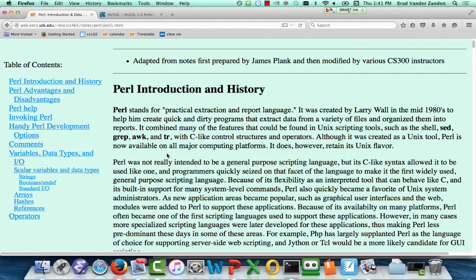So Perl also became rapidly a favorite of system administrators because Larry Wall built into it access to shell commands. And for Linux or, at the time, Unix administrators, that was a big win. It was a lot easier to manipulate things using Perl than it was to use shell commands.